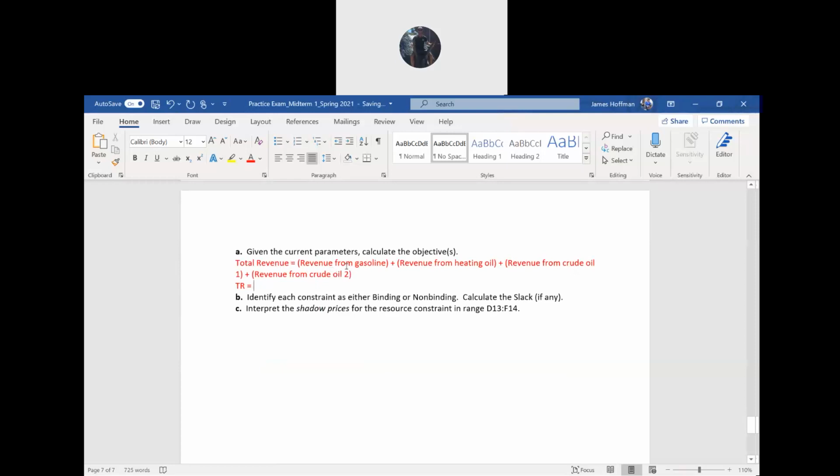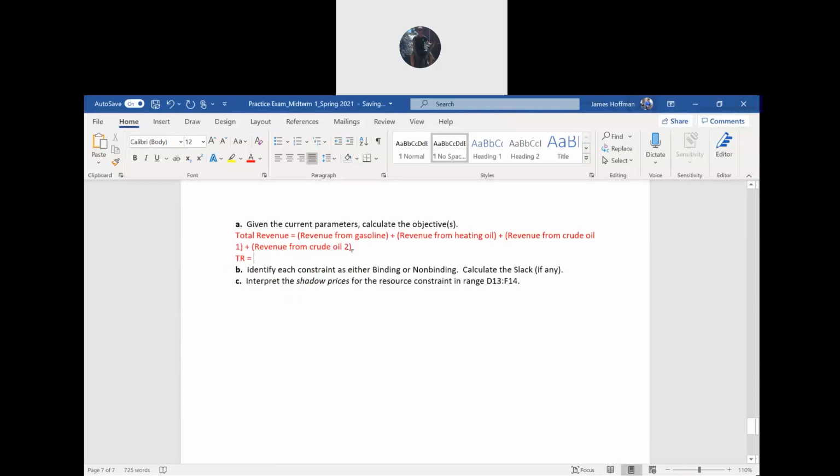So your total revenue is the sum of the revenue you got from all of those types: revenue from gasoline plus revenue from heating oil plus revenue from crude oil 1 plus revenue from crude oil 2. All right, so let's just list how much we sold of each and the price of each, and the sum of that is our total revenue.